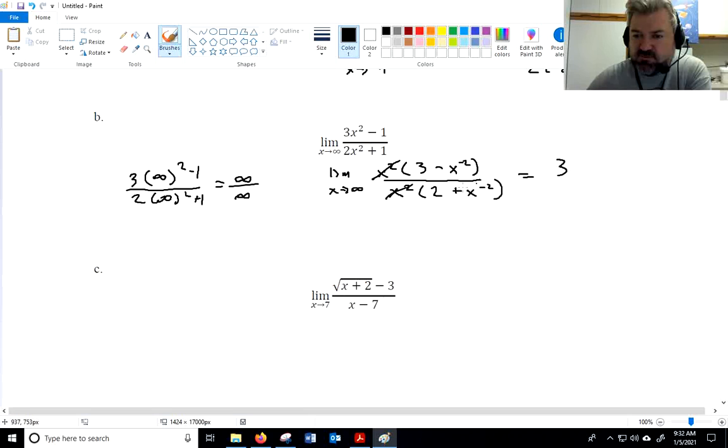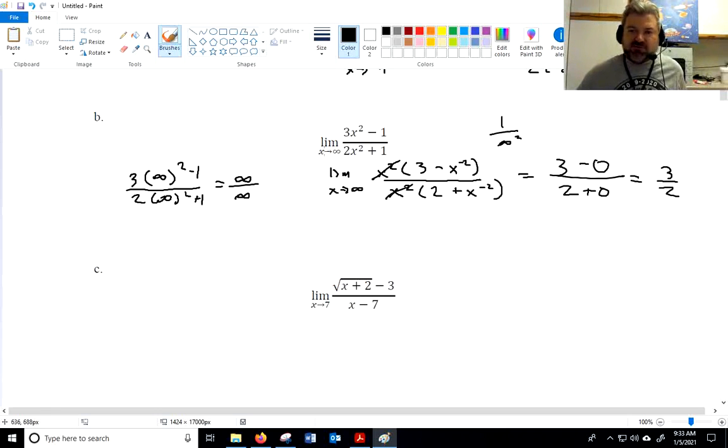And we know when we direct substitute that a number going to infinity to a negative power means 1 over infinity squared. 1 divided by a number going to infinity is a number going to 0. So that's just automatically going to 0. So this becomes 3 over 2.